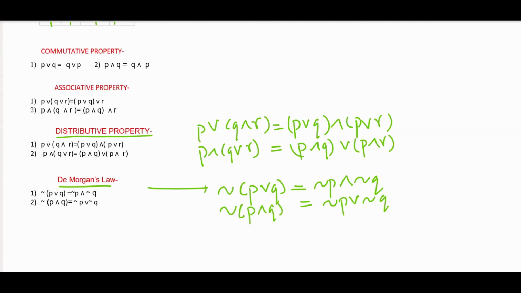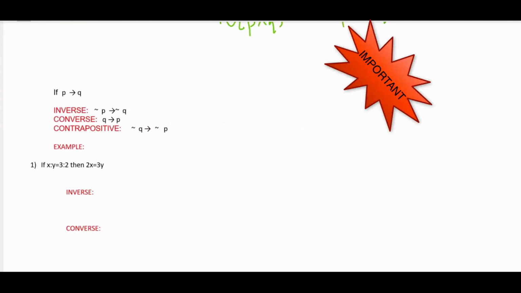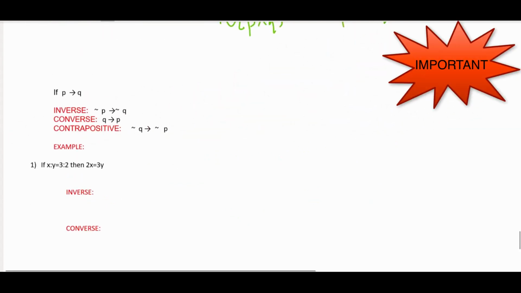Okay, now next, again a very, very important concept. That means if P implies Q is given to you and you have to make the inverse of this statement, then what we are going to learn from here is that in order to find the inverse, you just have to negate the first sentence and negate the second sentence in their own places.